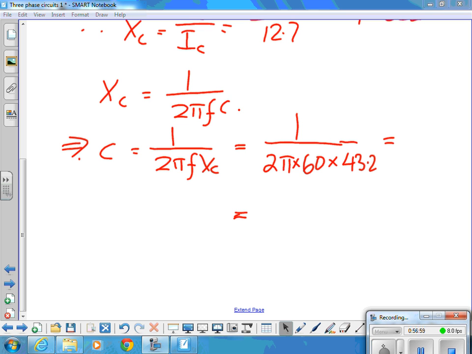Who's pushed the buttons quickly? What? Yep, 10 to the minus 6, is it?